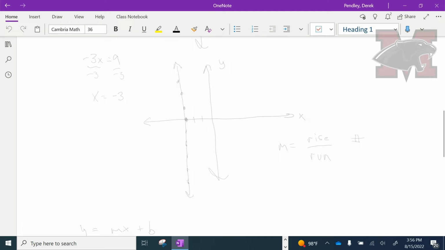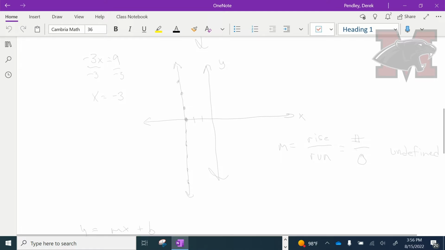But what would the run part be? Where do you go on that line, left or right? I'll give you time to think about that. If you have a vertical line, where is it running to if it had a slope? And the answer is nothing. It's not going anywhere, which means it's 0. And if you have any number over 0, by definition, that's undefined.